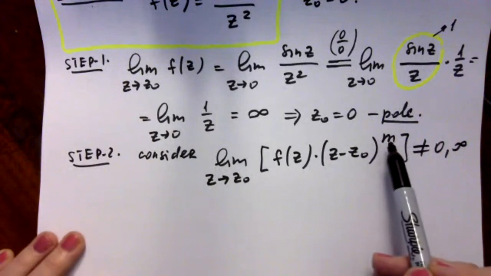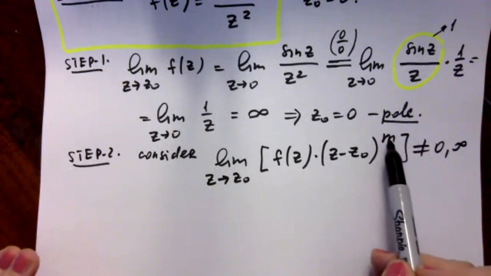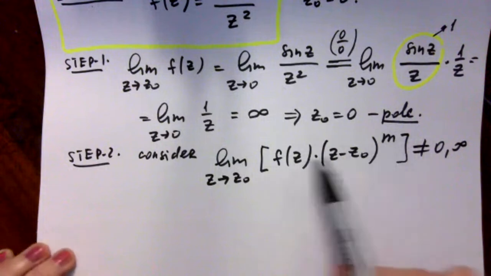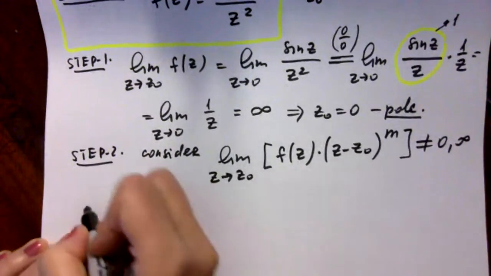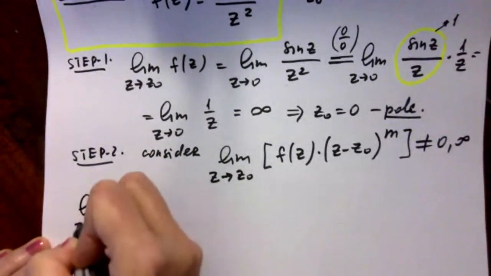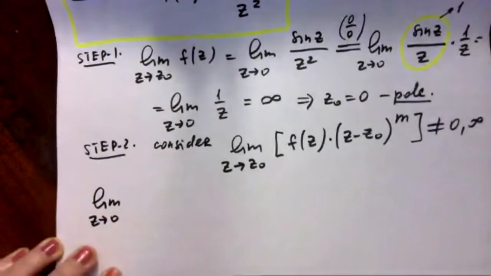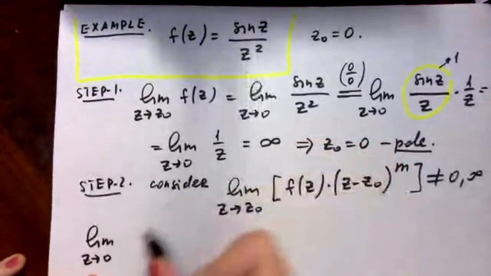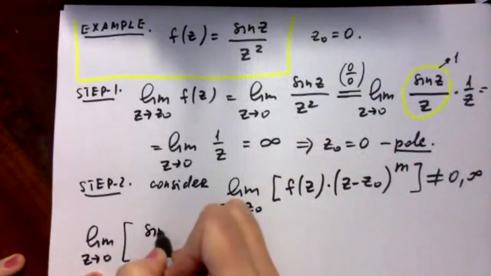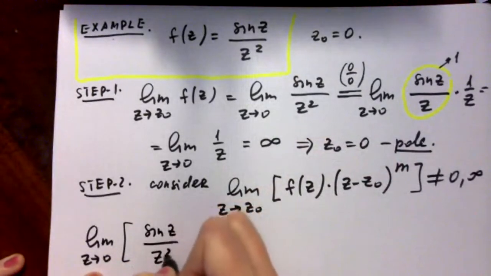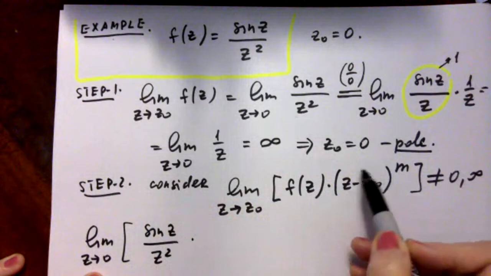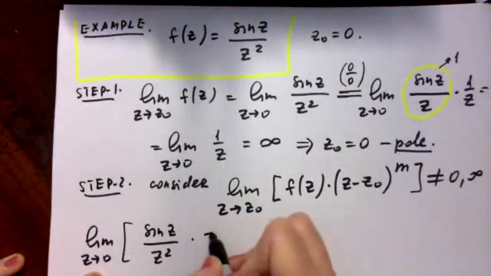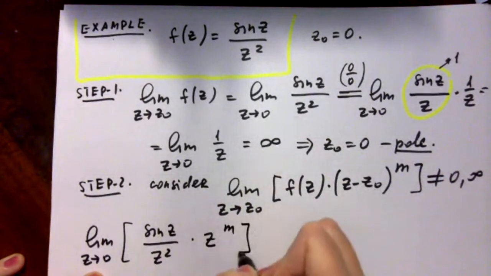We should start playing around with m until we realize, oh, this is the m, exactly the value of m which I need. So let's rewrite this expression for our data. So z in our case tends to 0. Our f of z is sine z divided by z squared. And here we need to write this expression. z minus 0 will be just z to the power of m.